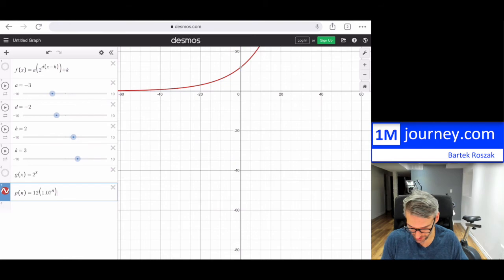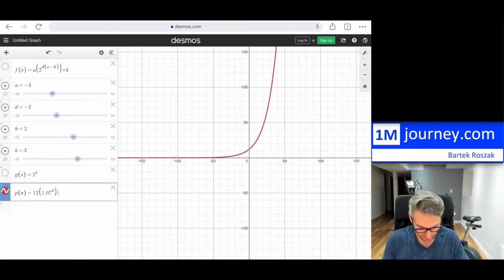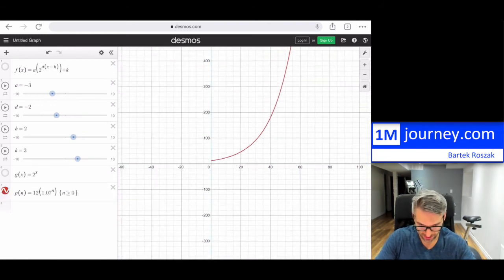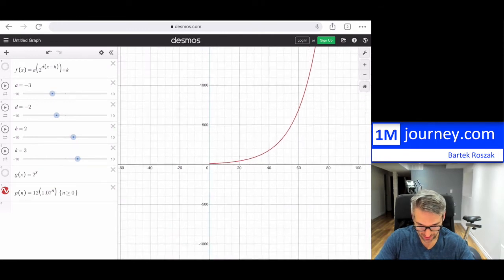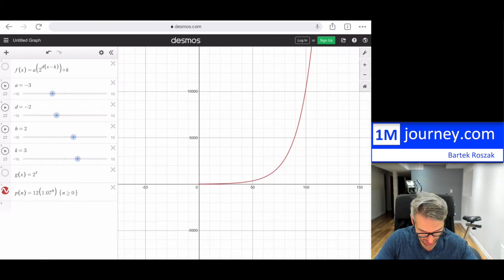There you have it. Now let's put the restriction in there and see how that looks. And indeed, it really blows up. I want to get to the 100.